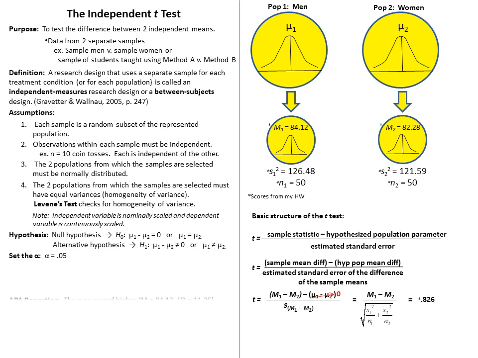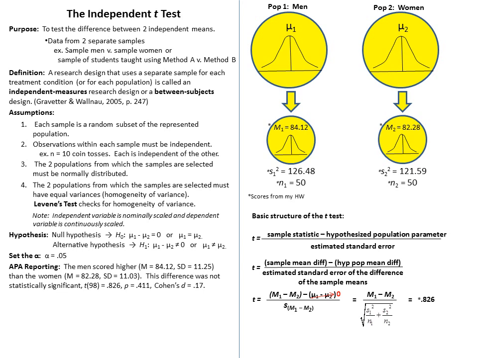and mine happened to be 0.826. So in our final reporting, using APA style, basically you would say something like the men scored higher, give the mean and standard deviation, than the women, mean and standard deviation. This difference was not statistically significant because t with a degree of freedom of 98 was 0.826, and of course SPSS gave me my p, my probability, which was 0.411, which was not less than the 0.05, which would have made it statistically significant.